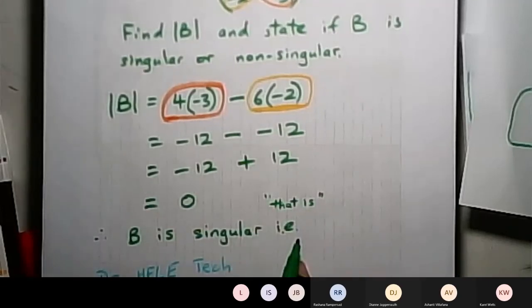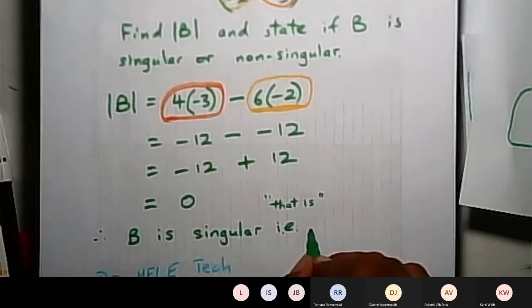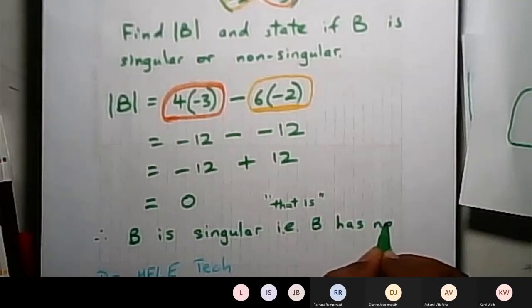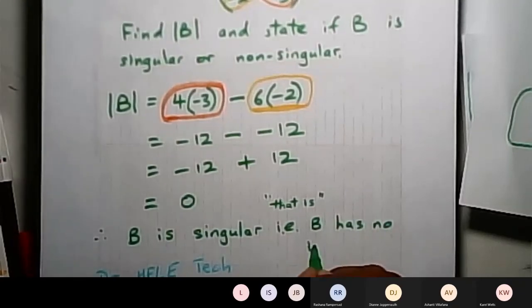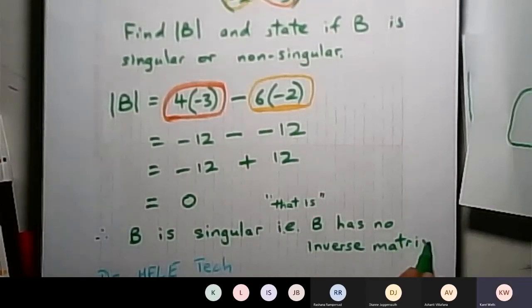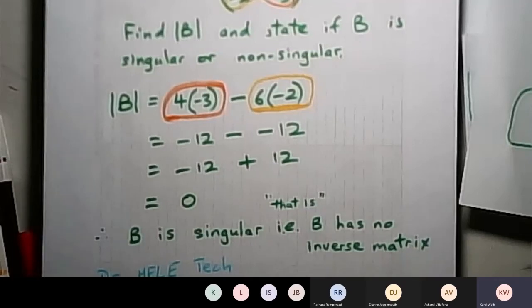So B is singular, that is, comma, B has no inverse matrix. So we have to write all that, sir. That B has no inverse matrix.